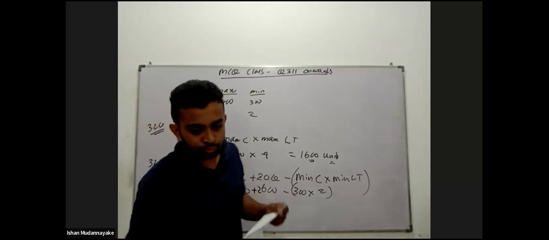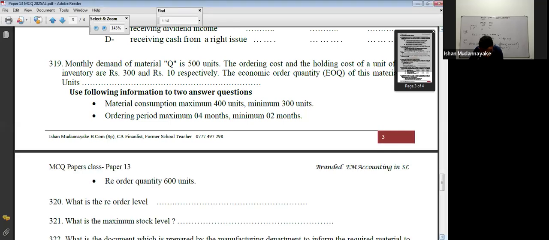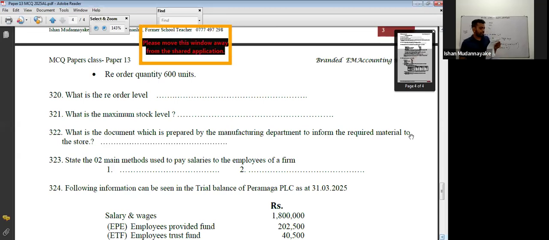Question number 322. What's the answer? What is a document which is prepared by the manufacturing department to inform the stores of the required material?